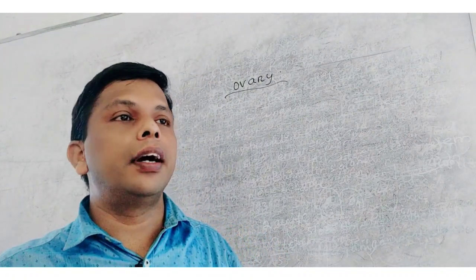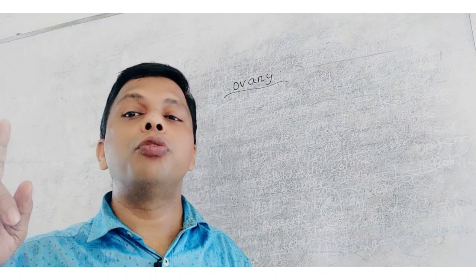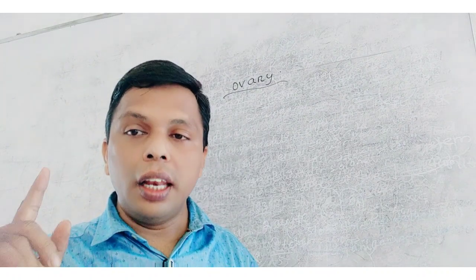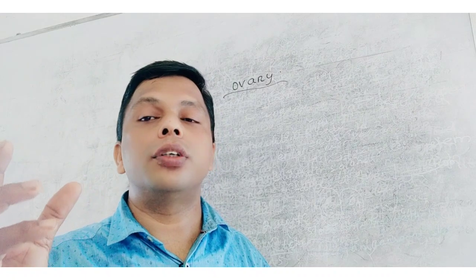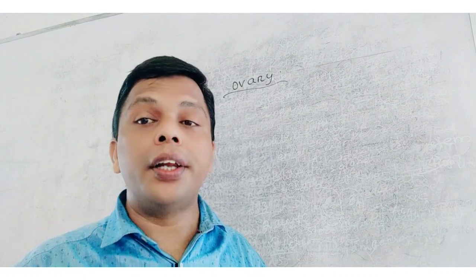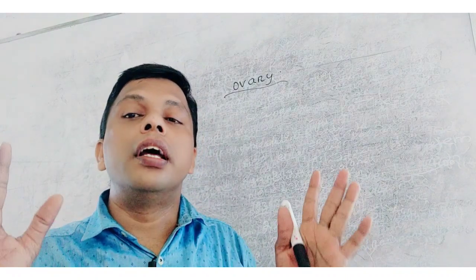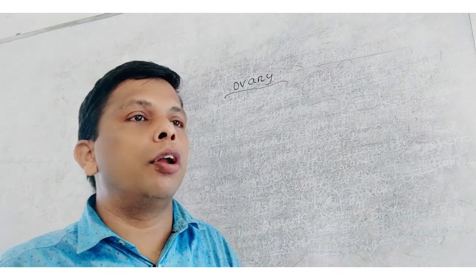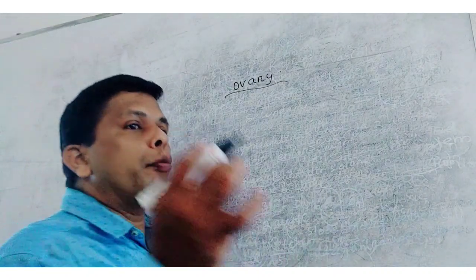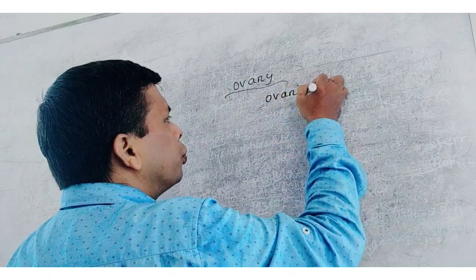The ovaries are present in the ovarian fossa. In our abdominal region, there are cavities on our lateral side. On either side of the vertebral column, there are cavities called ovarian fossa.